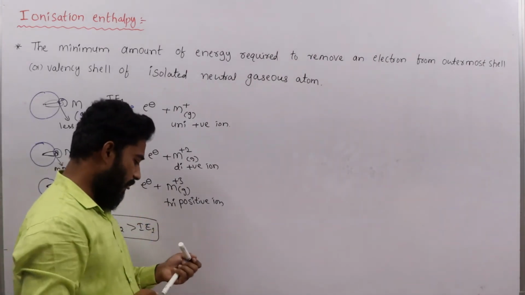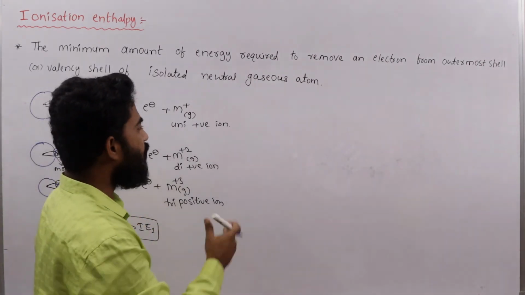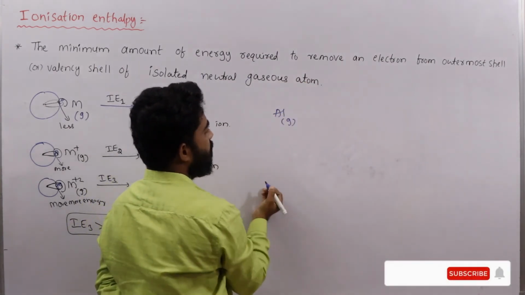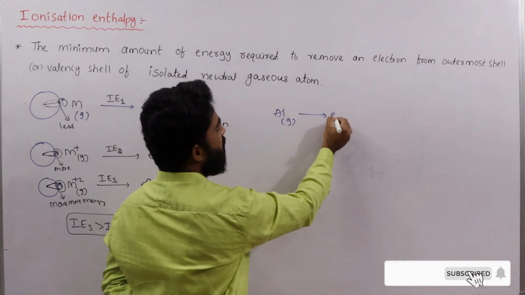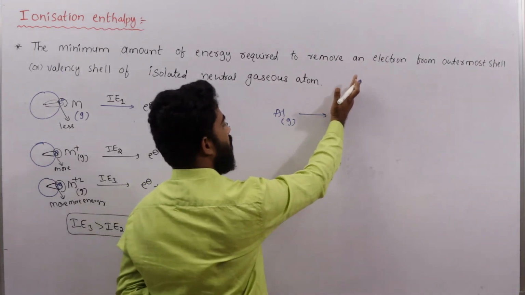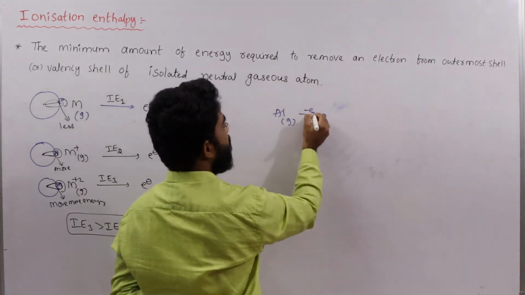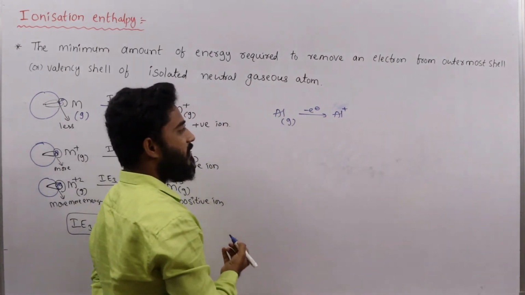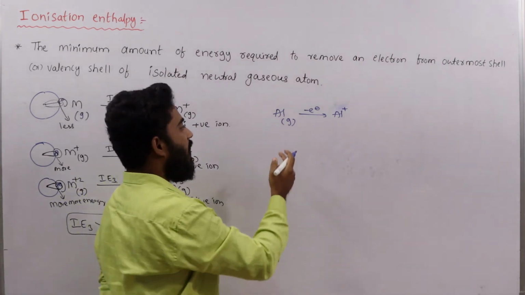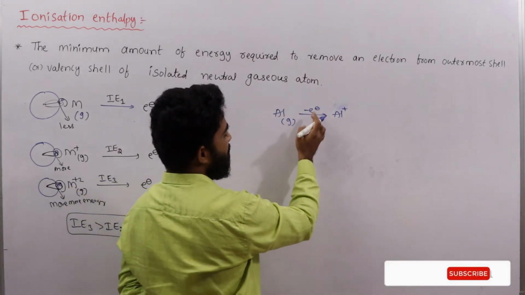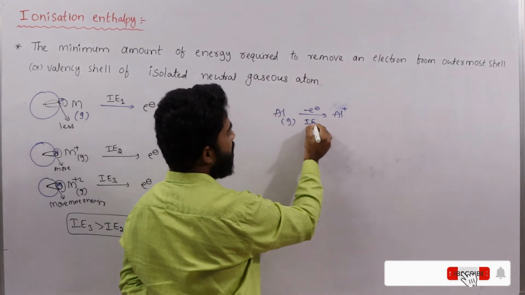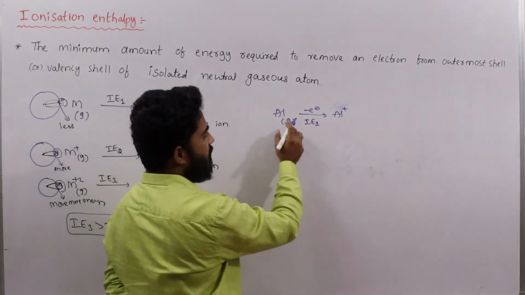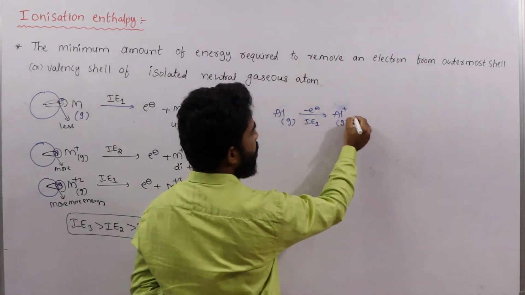Let us see one example. Take aluminium in the gaseous state. To remove the first electron from this, it changes to aluminium plus, a unipositive ion. The amount of energy required to remove this first electron is called ionization energy 1. The neutral species changes to a unipositive ion.